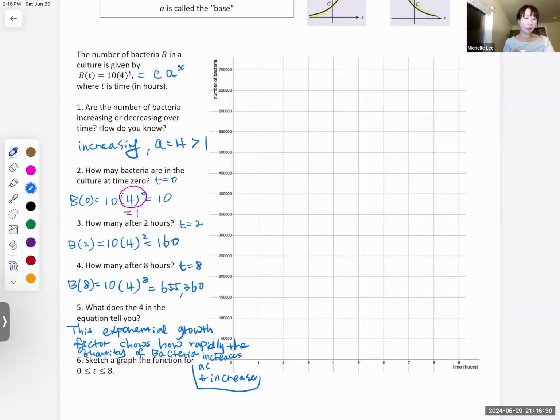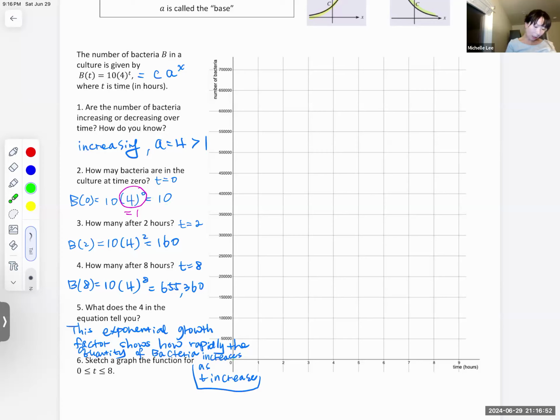Okay, sketch. So let's sketch. I want to use the information we have: when T equal to 0, T equal to 2, T equal to 8, right? So when T equal to 0 it is 10. Well, look at the scale. The scale is 50,000, so 10 is very tiny.